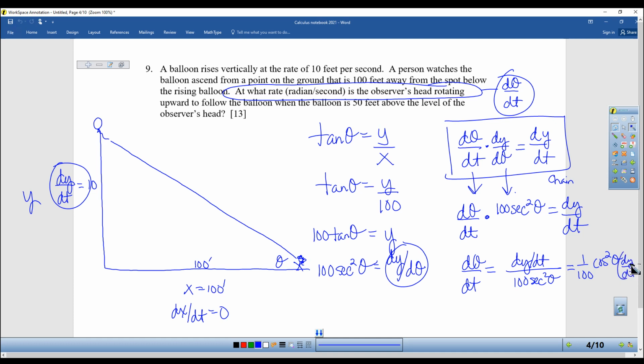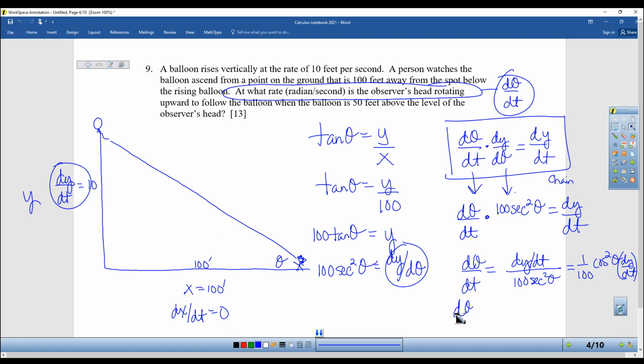You're used to multiplying by the derivative at the end, right? So now I have a general formula for d theta dt, meaning if you tell me what theta you want it at, I can tell you how fast it's moving. When it's down at the bottom, it's moving differently than when it's at the top. It has a different rate.